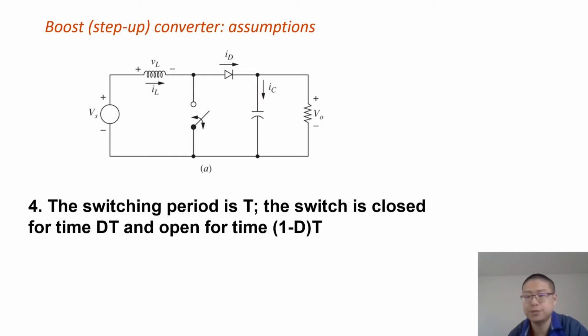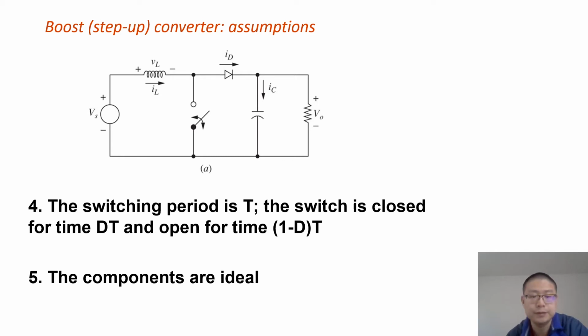The fourth assumption is the switching period is capital T, and the switch is closed for time DT and open for time (1 minus D) times T. This is the same as the previous example. Assumption 5 is that all the components are ideal. We do not consider losses.